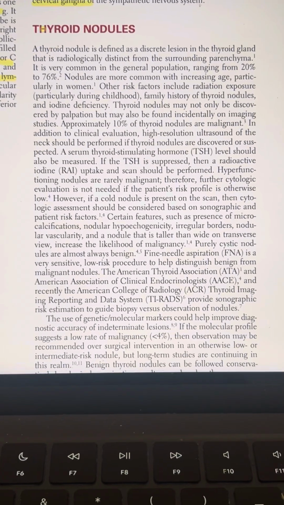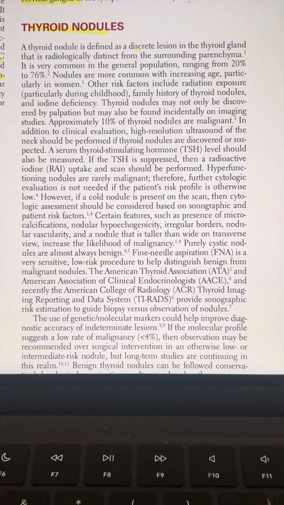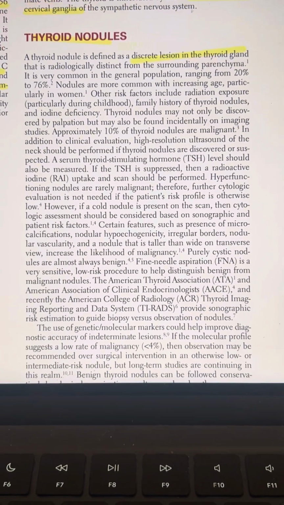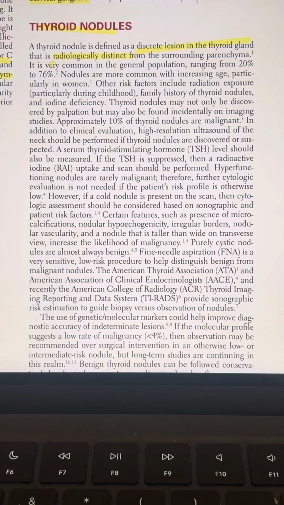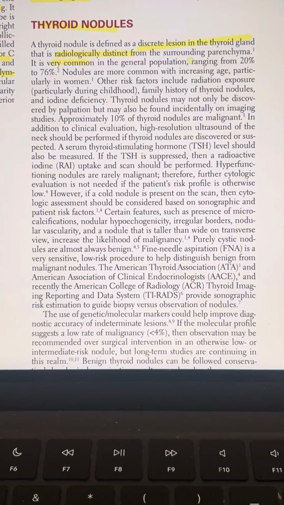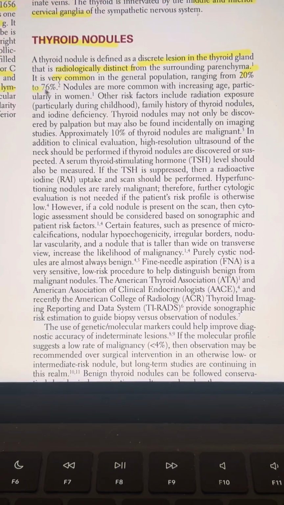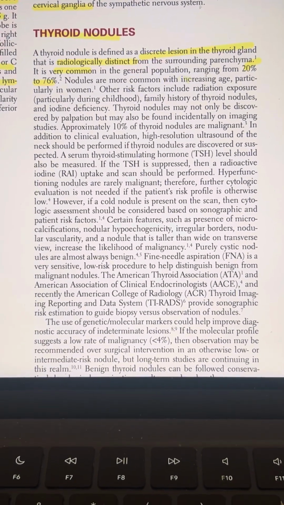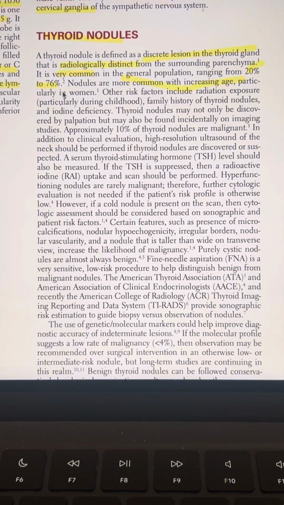Now, a thyroid nodule is defined as a discrete lesion in the thyroid gland that is radiologically distinct from the surrounding parenchyma. It is very common in the general population, ranging from 20 to 76%, and nodules are more common with increasing age, and particularly in women.